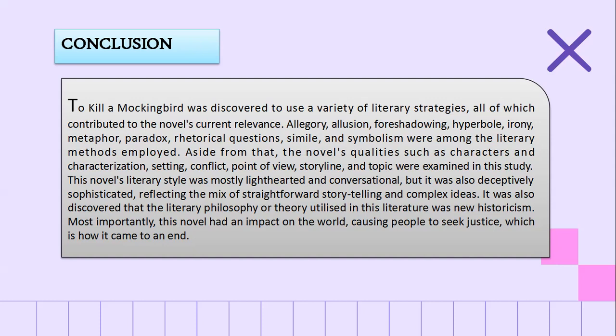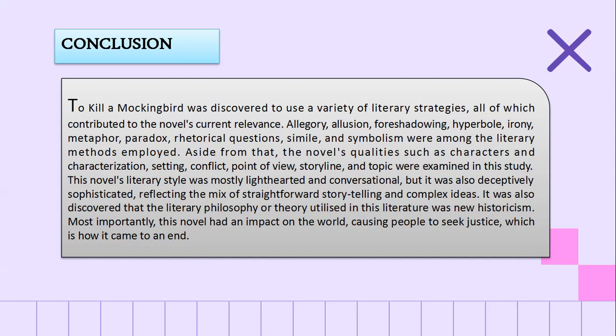So Harper Lee used a variety of literary strategies and theory, according to the study, to make the work powerful in society. The novel's various literary elements were also examined in this article. Harper Lee has made a significant contribution to American literature.